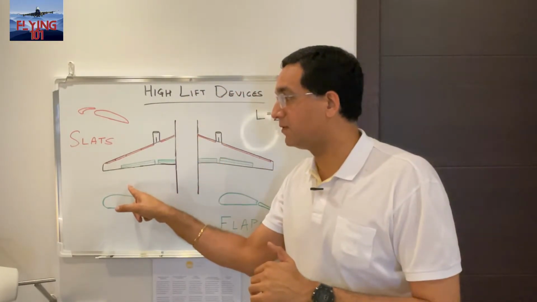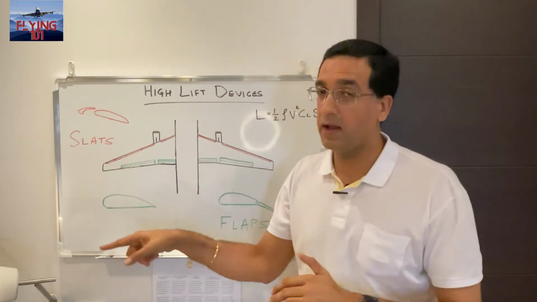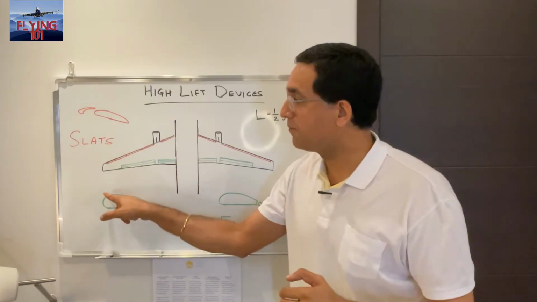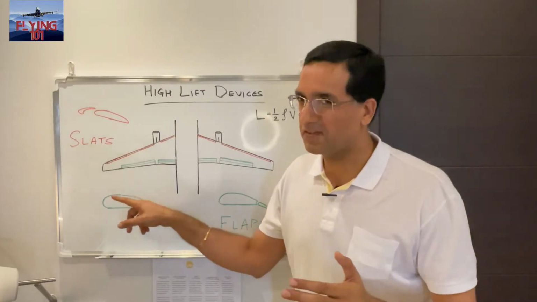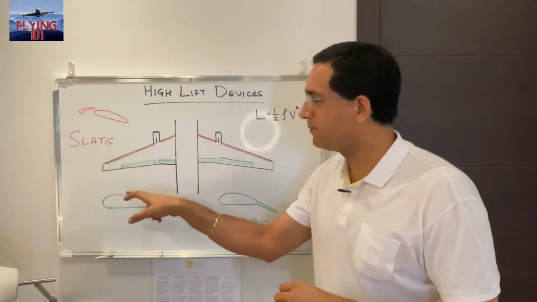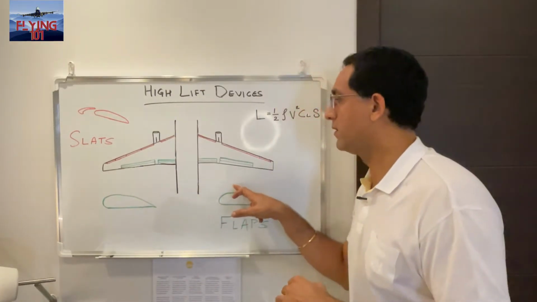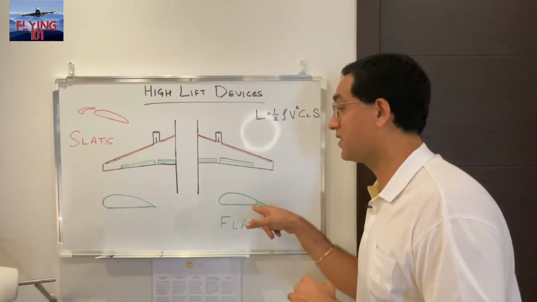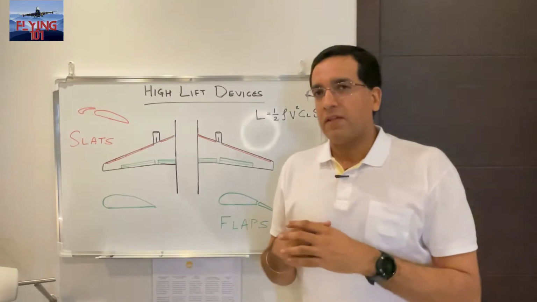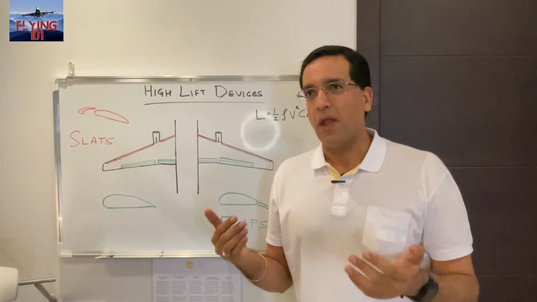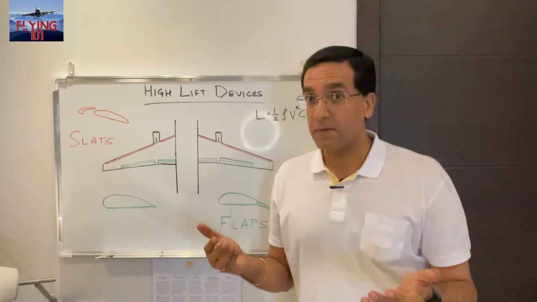We have a low pressure on the top and high pressure on the bottom of the wing as a result of the air flow over the top flowing at a greater speed due to the camber, or this curvature. Now, if this curvature or the camber were to be increased, as depicted in this diagram as a result of the extension of the flap, this would theoretically make the wing generate more lift.